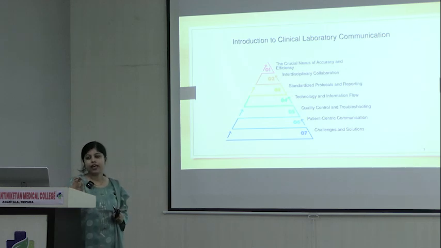But suppose the physician communicates to the lab technician, so good communication ensures that the technician will prioritize this sample. Okay, the physician will tell them I need this blood group immediately. So he will prioritize this task. So that is the importance of communication.